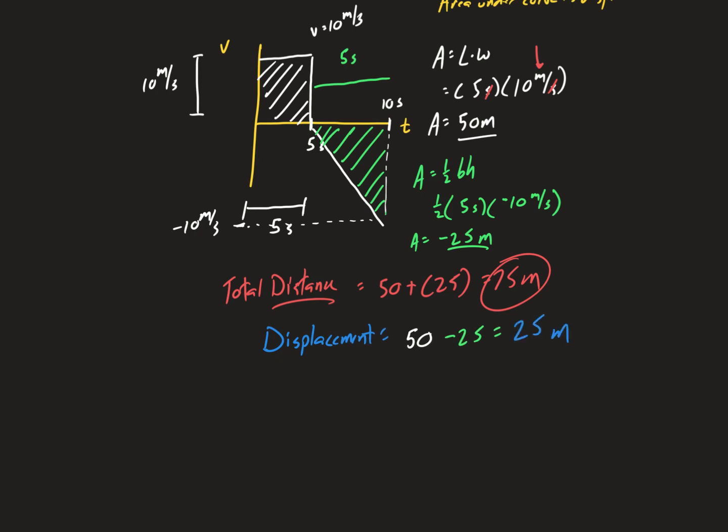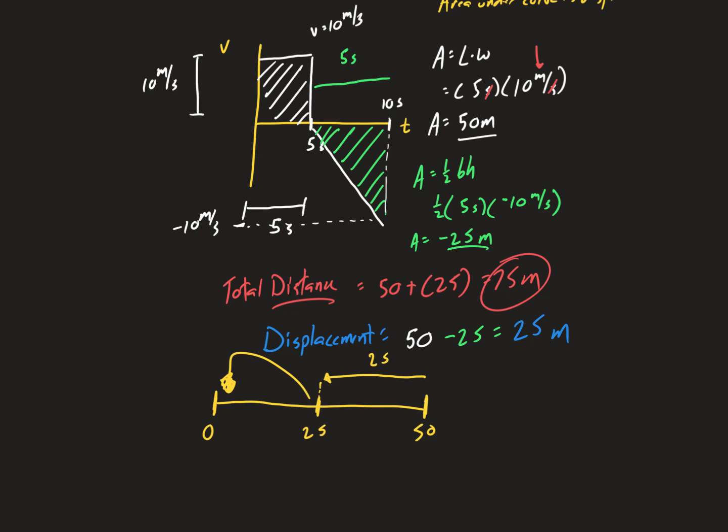That is kind of like telling me the object starts here at a 0 position, travels 50 meters in the positive direction, and then back 25 meters in the negative direction to end up at a final position of 25 meters from this original position over here.